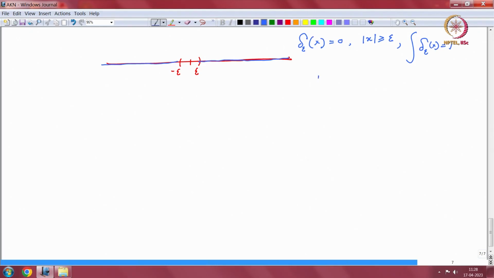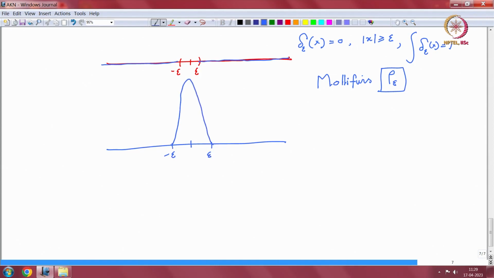This is precisely the modifiers introduced in our earlier work, the modifiers rho epsilon. So, let me change the word delta epsilon to rho epsilon. You have already seen these modifiers, such functions exist. Depending on epsilon, you can put a large value.